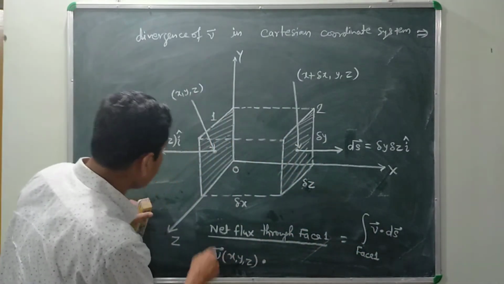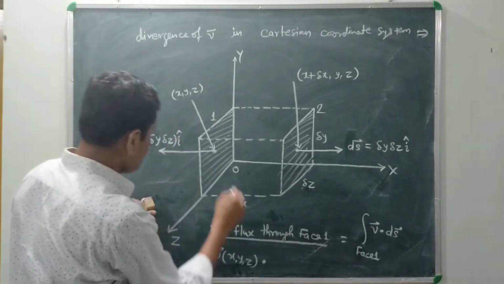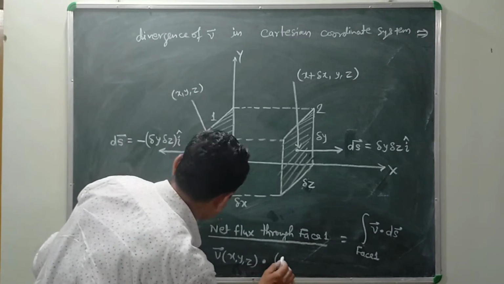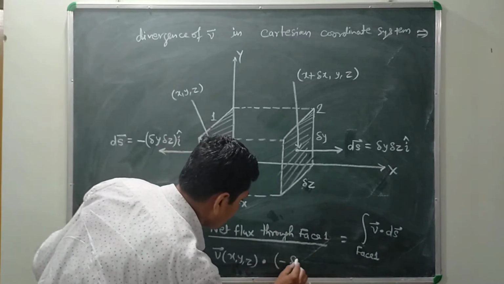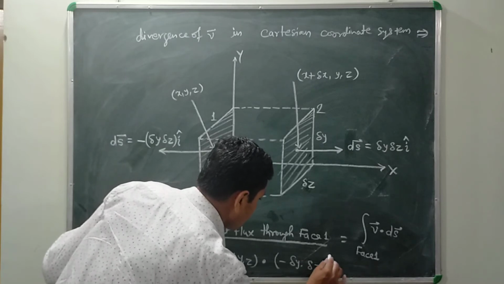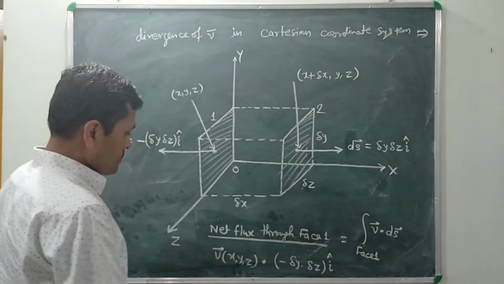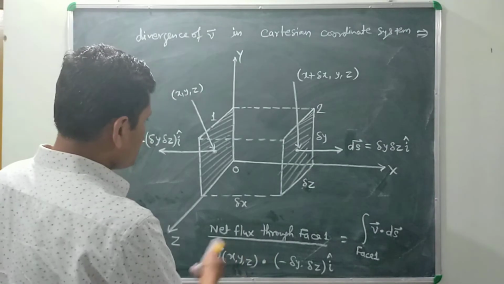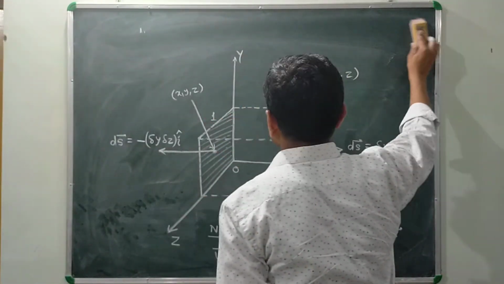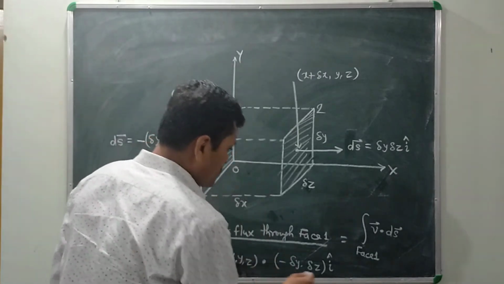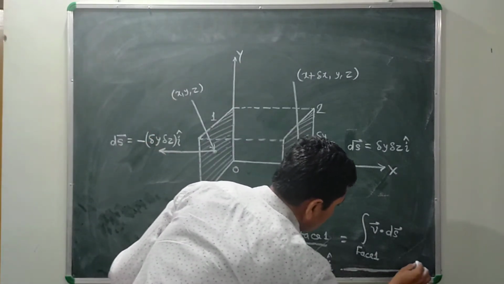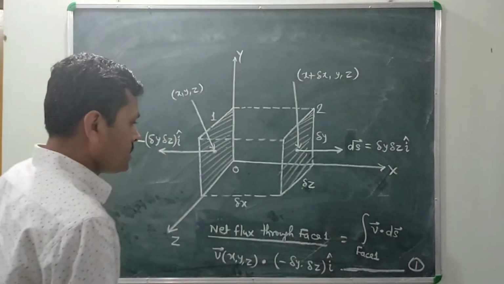So this will be v(x, y, z) dot ds, ds is minus delta y into delta z into i cap. Now let us evaluate this expression. Say this is your equation number 1.